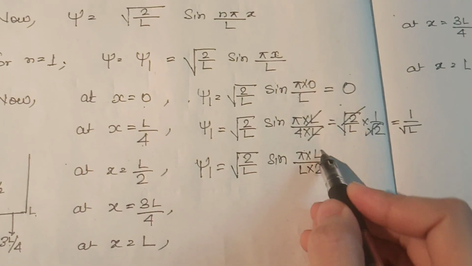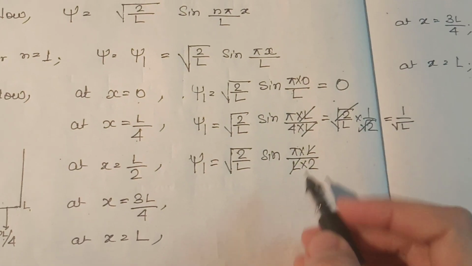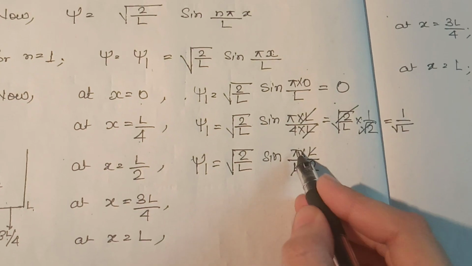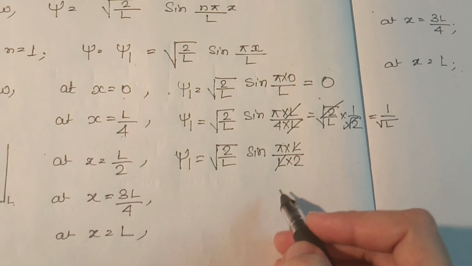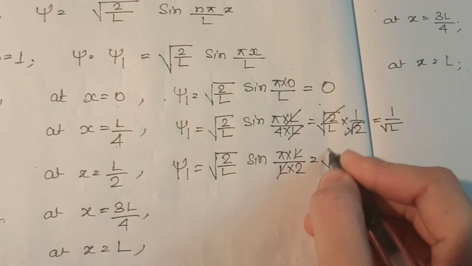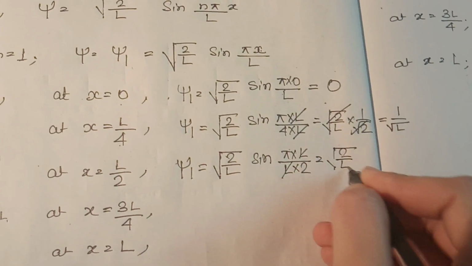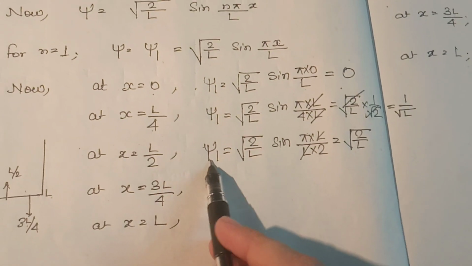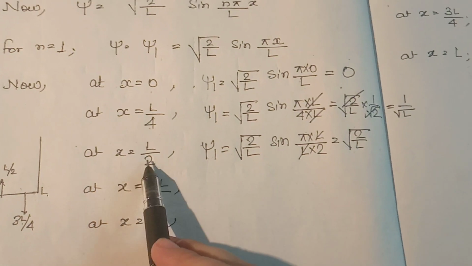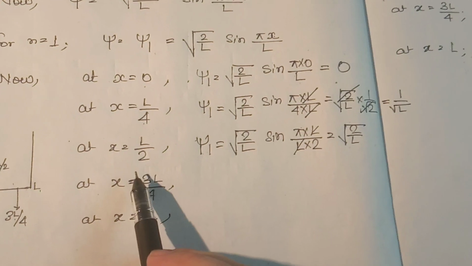So L will cancel out. Sine pi by 2 is sine 90 degree, and the value of sine 90 degree is equal to 1. So we can directly write root 2 divided by L as the value of psi 1 when the particle is at half of the length of the box.